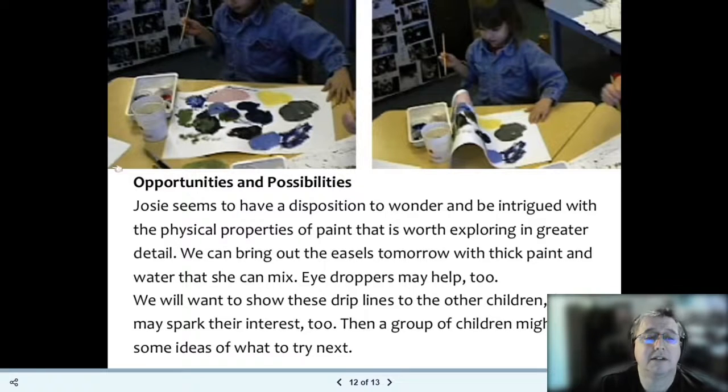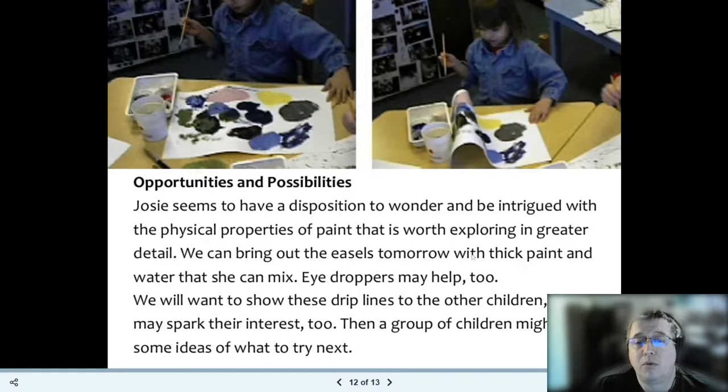Okay. Opportunities and possibilities. So this is written as a we statement in most sense, or like what can we do? He's written a little bit differently here, but basically it's the same thing. Well, he does have a we statement down here. Josie seems to have a disposition to wonder and be intrigued with physical properties of paint that is worth exploring in a greater detail.